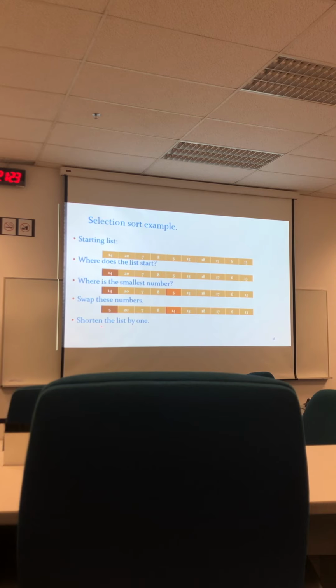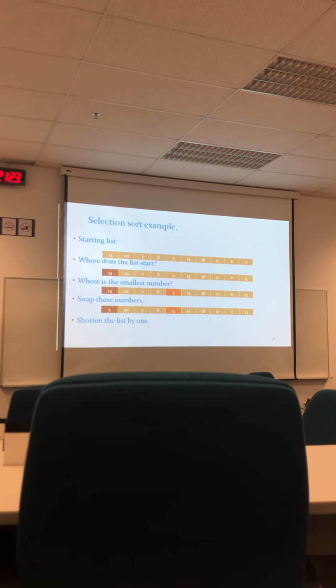And the first element is sorted. So after you start sorting, the array will be divided into two parts, the sorted part and the unsorted part. After you finish one step, this part is sorted. The sorted part only has one element.